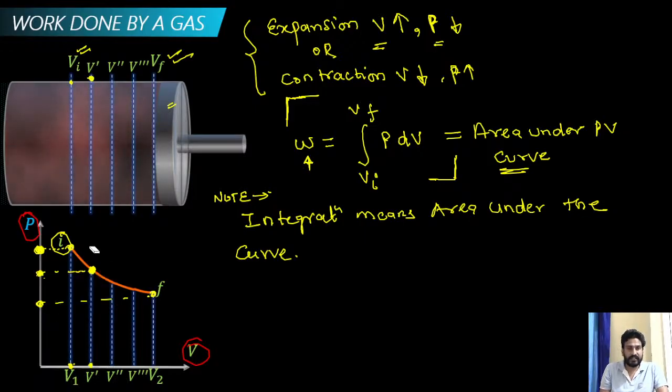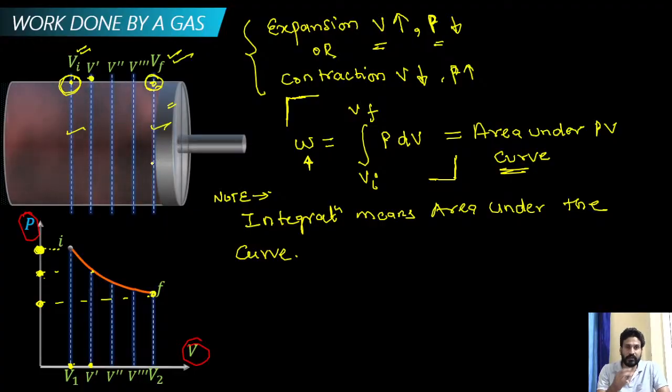So let's pay attention here. This is my curve from initial to final, right? Initially my piston is here, and finally my piston is here. This gas is doing some work; that's why this piston is moving from this to this.